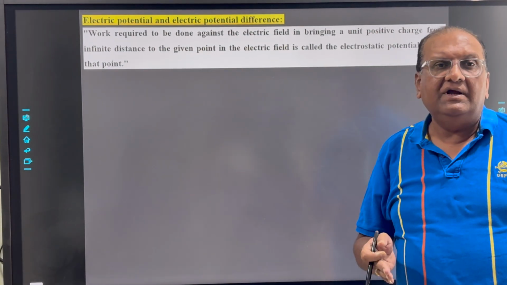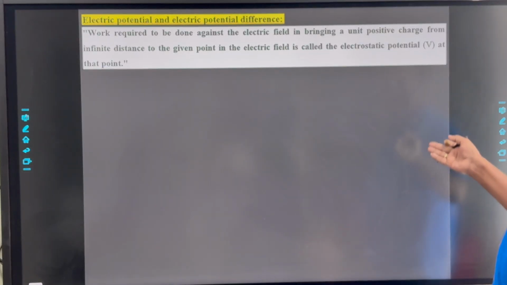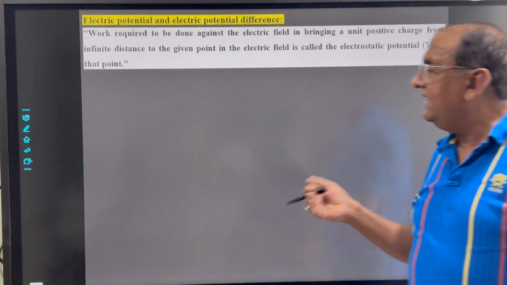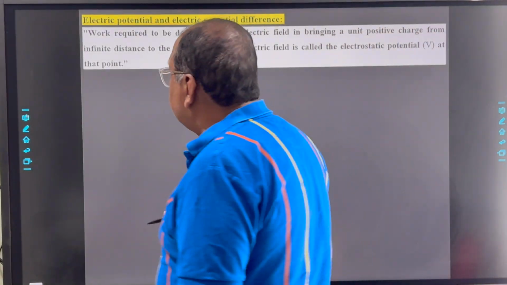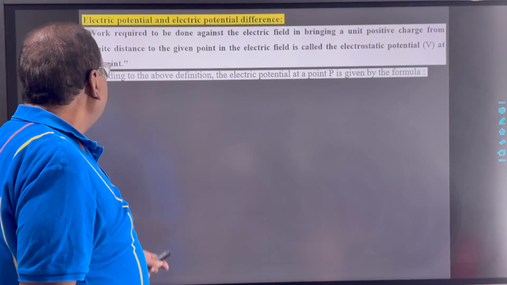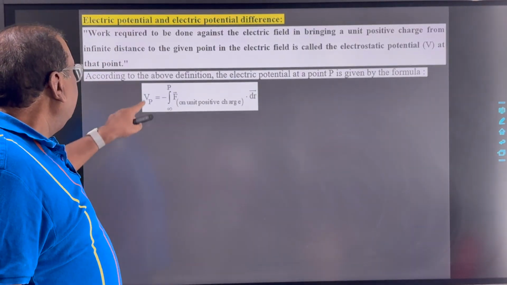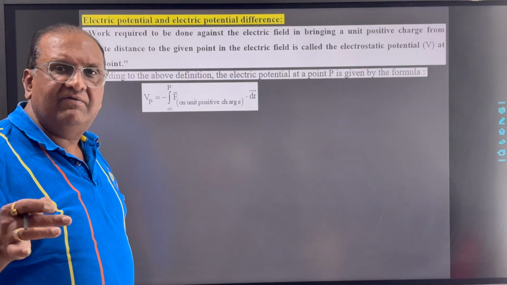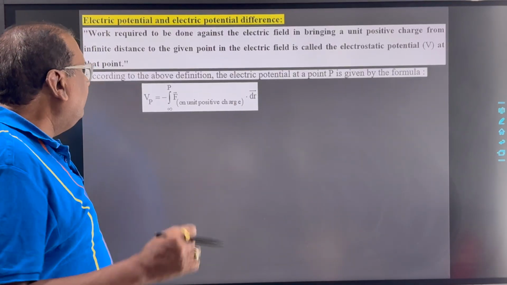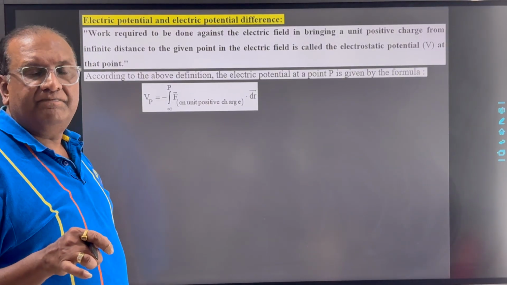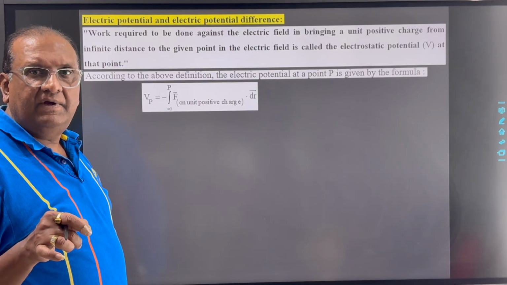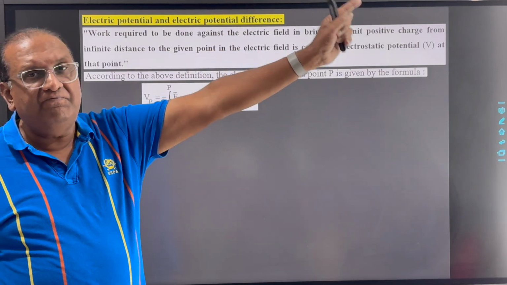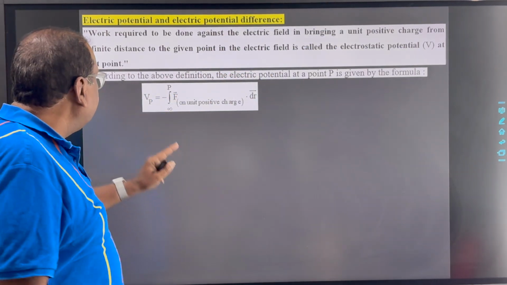That is called the electric potential at that point, or electrostatic potential at that point. So we can write here the electrostatic potential at point P in the given electric field: the work done against the field in bringing unit positive charge from infinity to a given point.